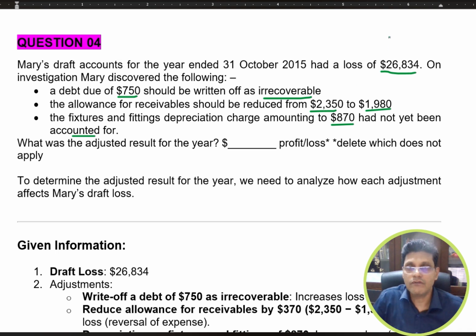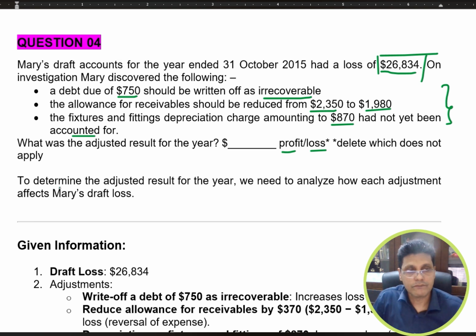Okay, so now you are given a loss of 26,834, and after making these adjustments, what should be the adjusted result for the year? It can be either profit or loss, so you need to delete which does not apply.